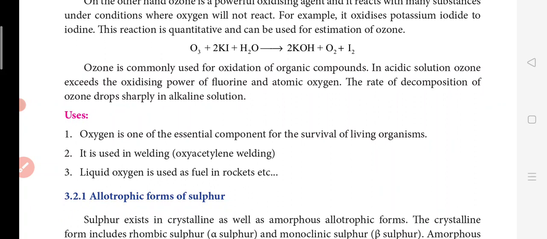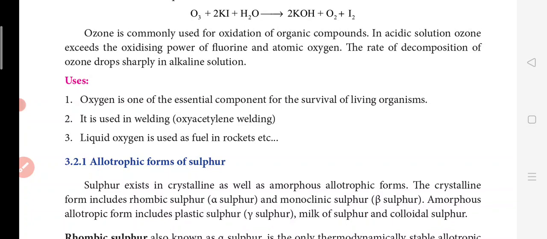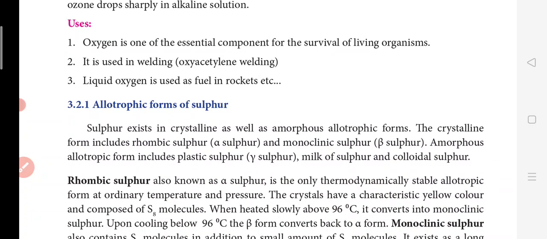Ozone reacts with KI and water to give KOH, that is potassium hydroxide, oxygen and iodine. Ozone is very commonly used for oxidation of organic compounds in acidic solution, and ozone exceeds the oxidizing power of fluorine and atomic oxygen. The rate of decomposition of ozone drops sharply in alkaline solution.